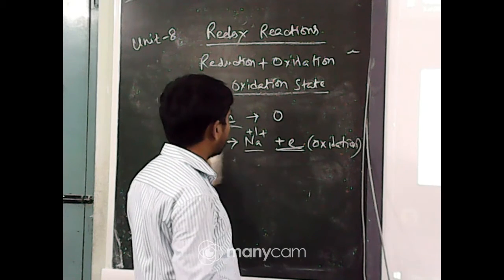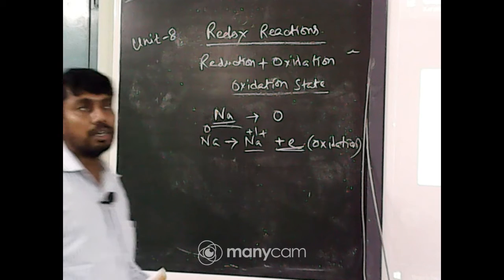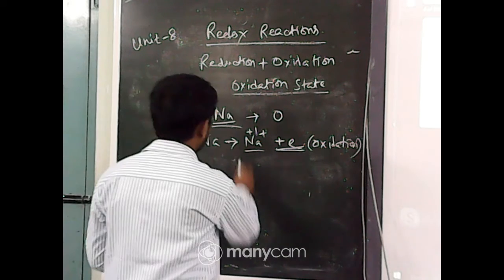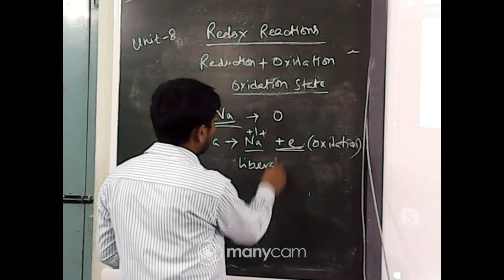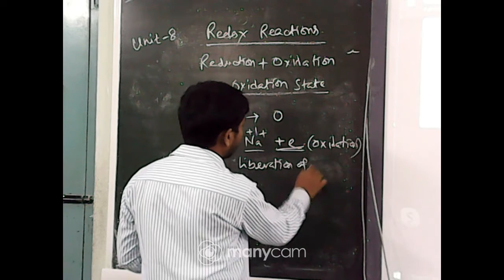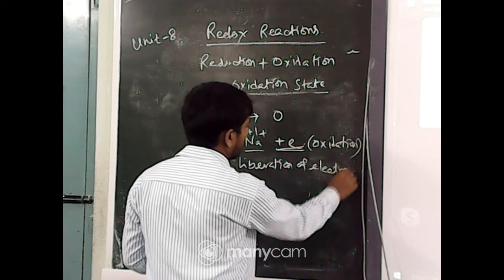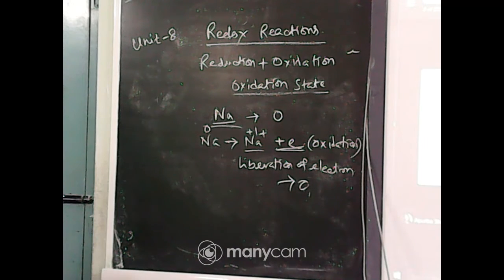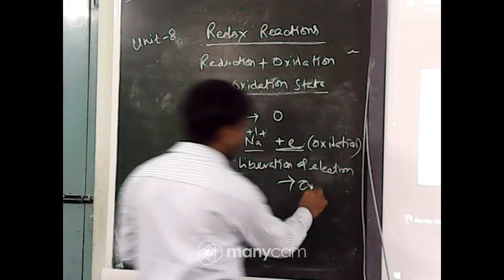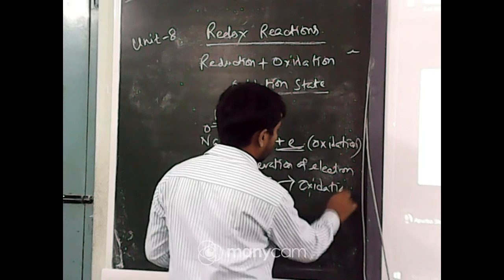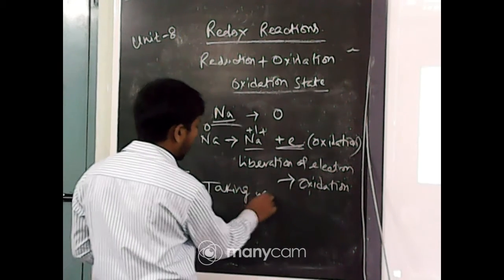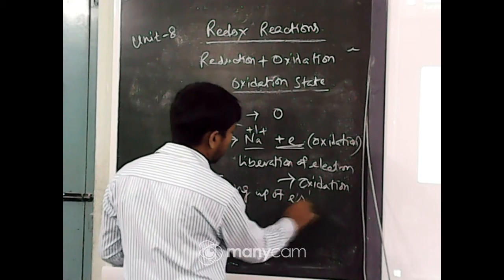At the same time the electron is also eliminated, so liberation of electron is also called oxidation, and taking up of electron is reduction.